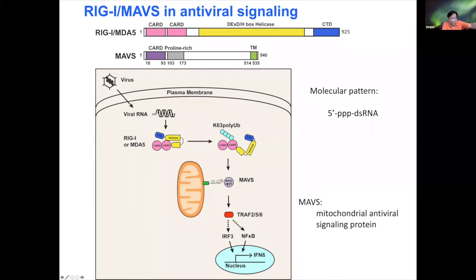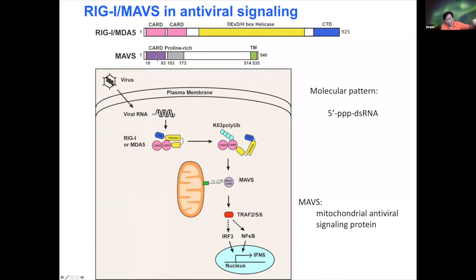And MAVS changes from the silent into the active conformation. MAVS has this N-terminal CARD domain. The CARD domain is usually hidden in the inactive state, but in the active conformation, the CARD domain is accessible.